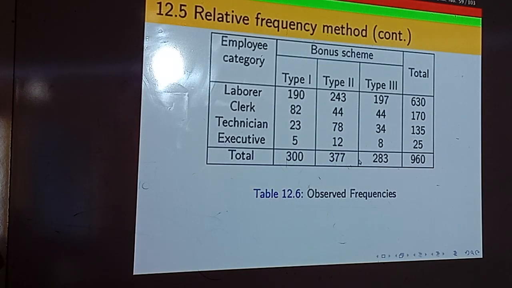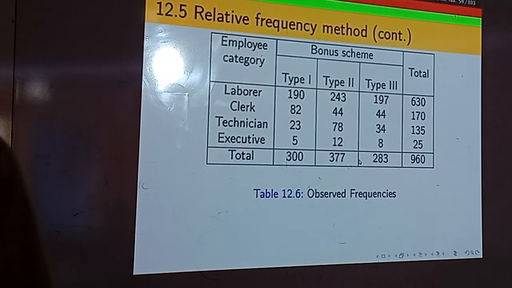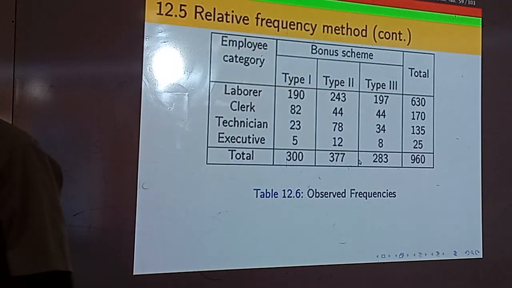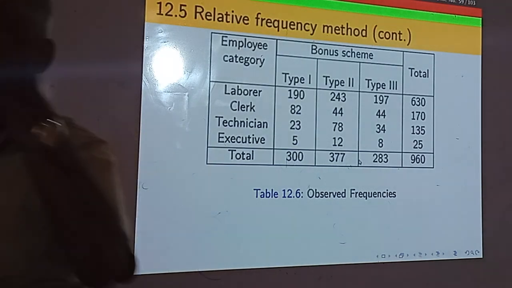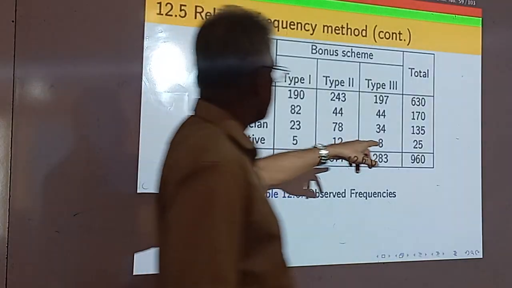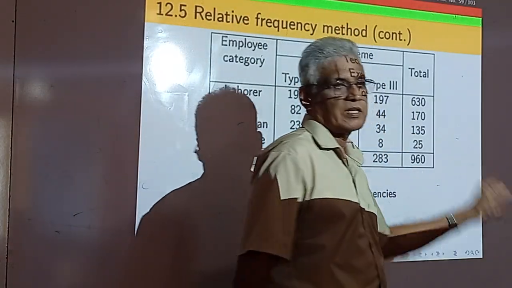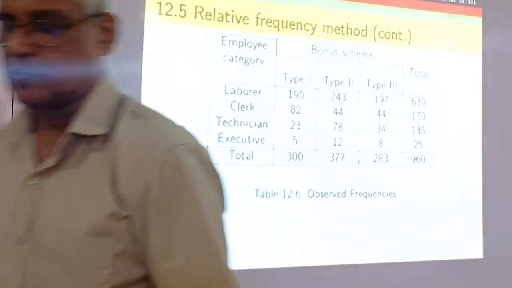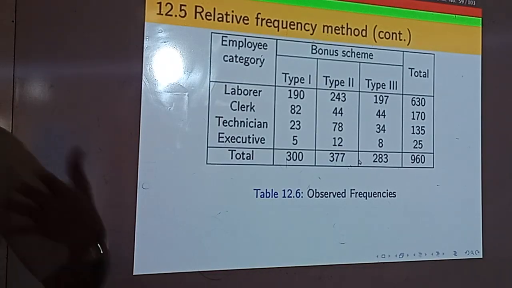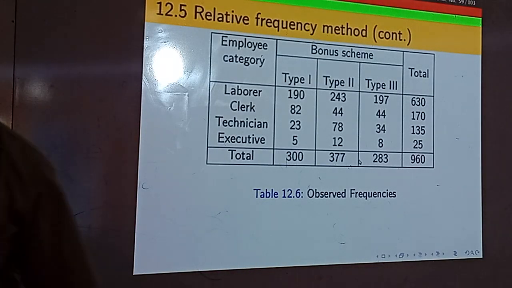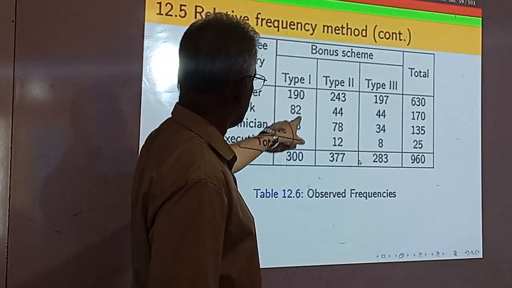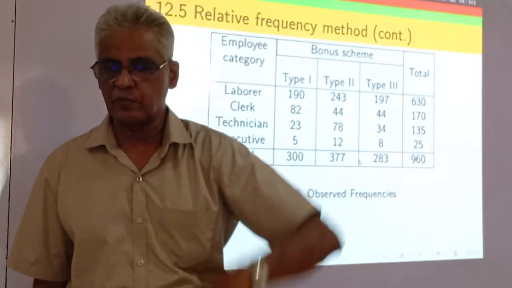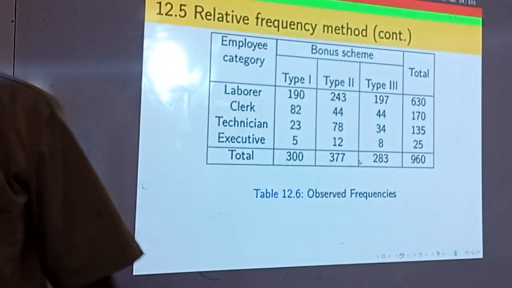Based on this also we can calculate various probabilities. If you randomly select an employee, what is the probability that he will be a laborer? That will be 630 divided by 960. What is the probability that if you randomly select one, he will be a clerk who has selected bonus scheme 1? The number of clerks who selected bonus scheme 1 is 82, so 82 divided by 960 and so on.